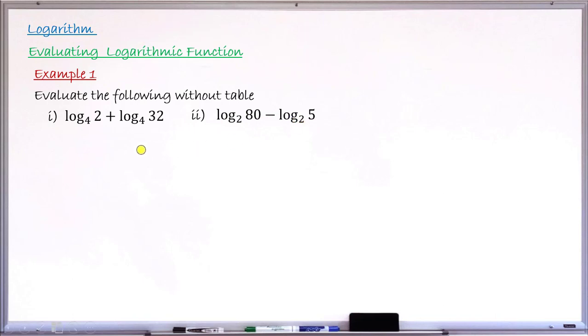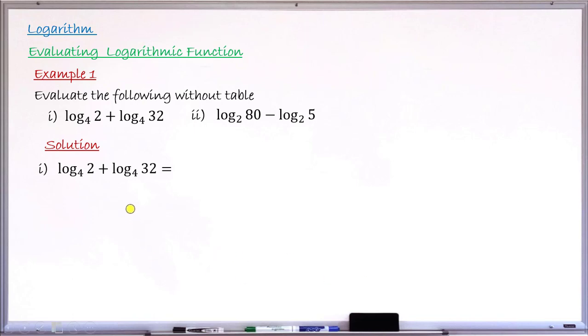Solution to this problem, starting with the first question, copying the text there: log to base 4 of 2 plus log to base 4 of 32. What we are using here are the laws of logarithm plus the properties of logarithm. This is what we are going to use to answer any question as far as simplification and evaluation of logarithm is concerned.